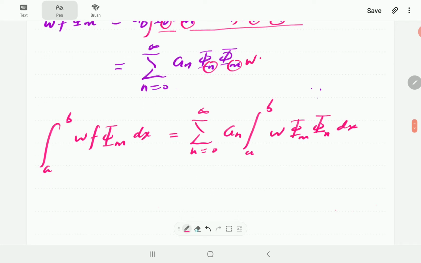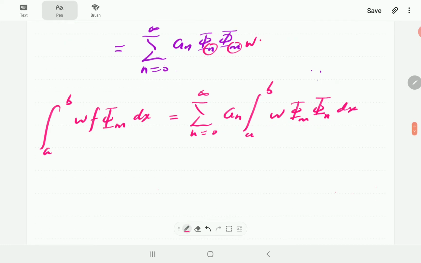So that means integrating into this summation is going to break the summation into just a single term, because all the terms when these two are different are going to vanish. The only one that's going to survive is the one where m is equal to n.